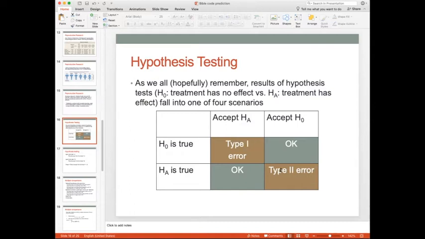Another kind of mistake is when the alternative hypothesis is true and we accept the null hypothesis, and that's the type 2 error. This is the framework of hypothesis testing. We try to control the type 1 error rate, usually at 5%.